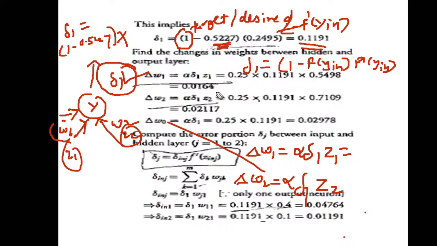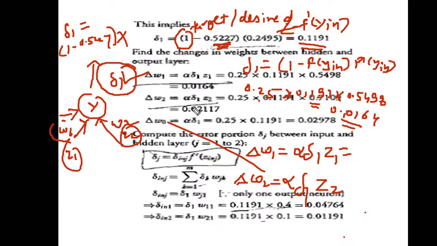If you see here, delta W1 is 0.25 into 0.1191 into 0.5498, so you will get 0.0164. That is delta W1.